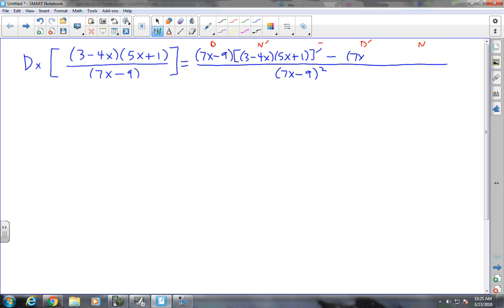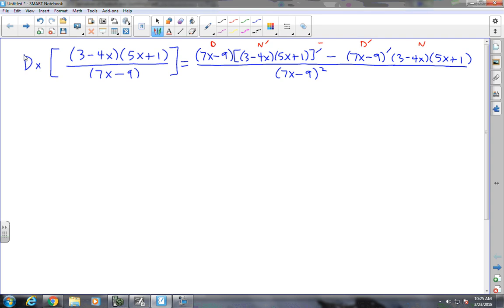Then we're going to find the derivative of the denominator, and then multiply by the numerator as is. So we have 3 minus 4x times 5x plus 1. So our pattern is denominator times derivative of the numerator, minus derivative of the denominator times numerator.